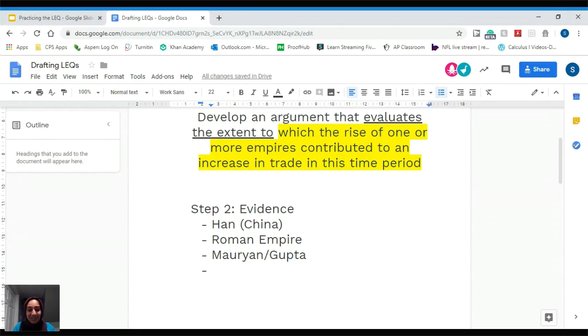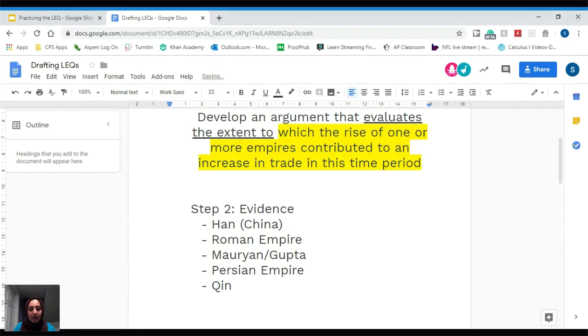And then we also have the Persian Empire, so we could talk about them. Anything else? I think the Qin were in this time period, if I'm not mistaken. The legalistic one. I'm just going to put them, but I don't remember if they were in this time period.